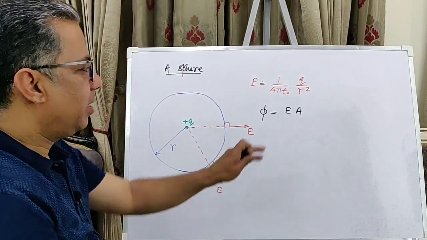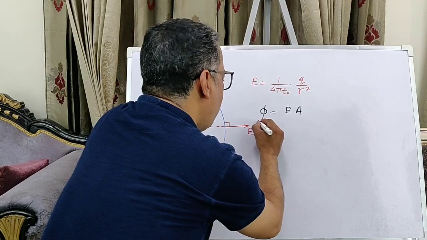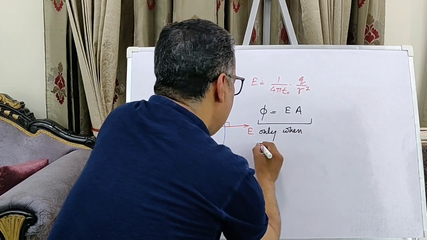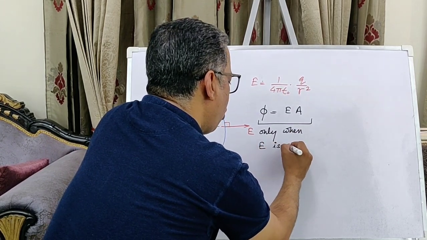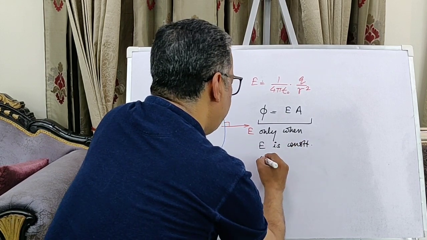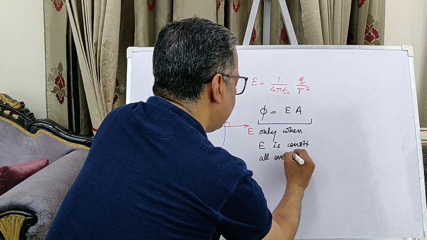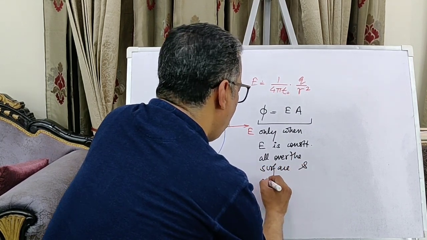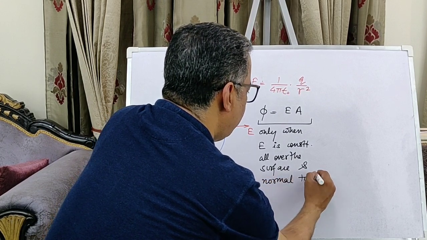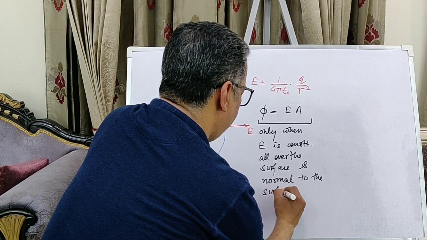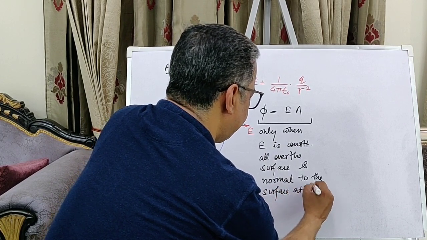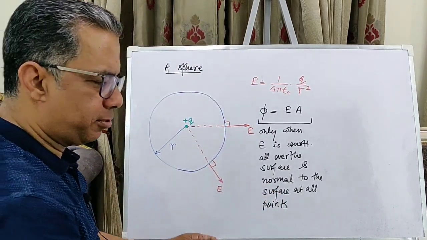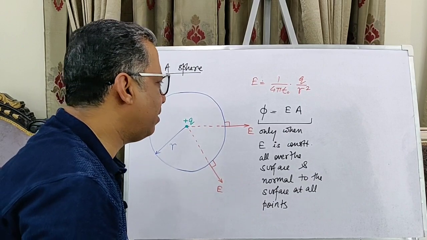But remember, this works only when E, the field, is constant all over the surface and normal to the surface at all points. Otherwise, you have to use an integration process by taking the flux of tiny area elements.